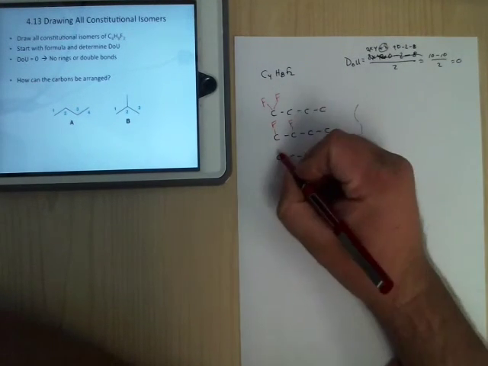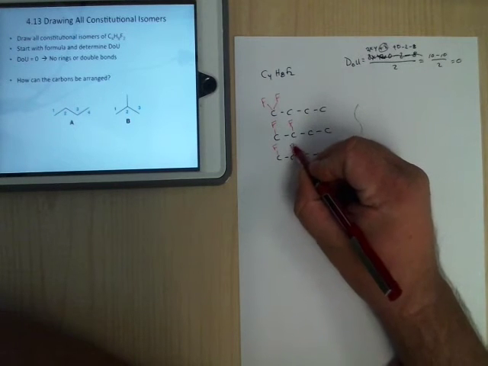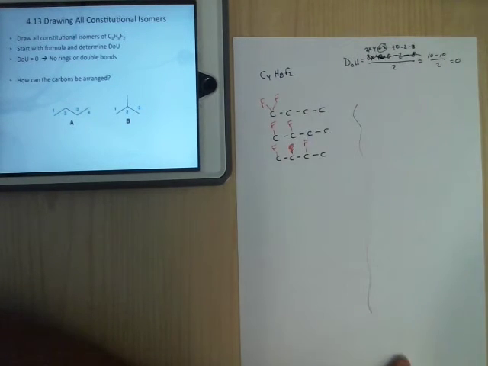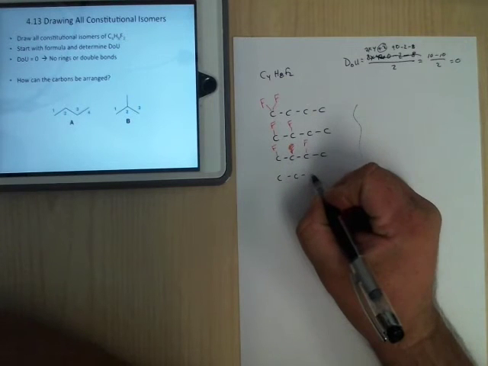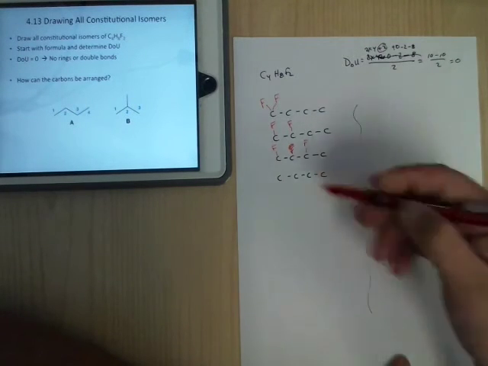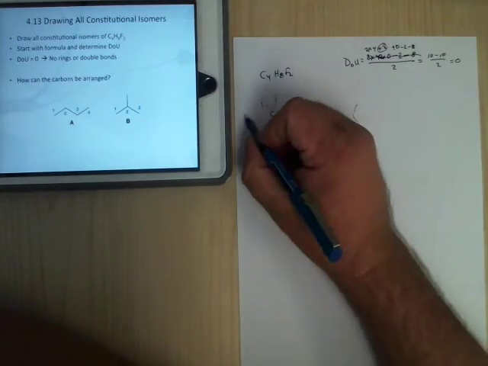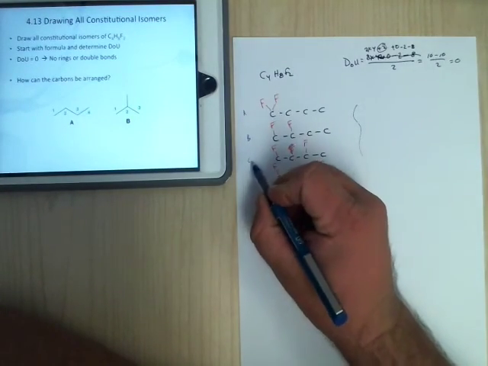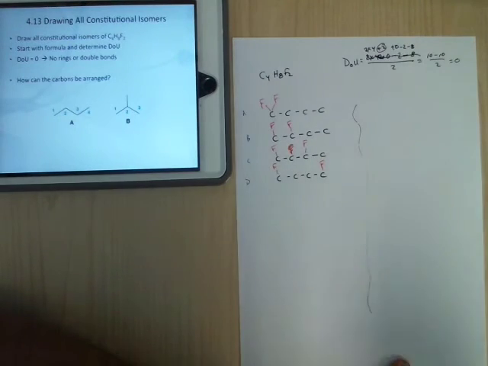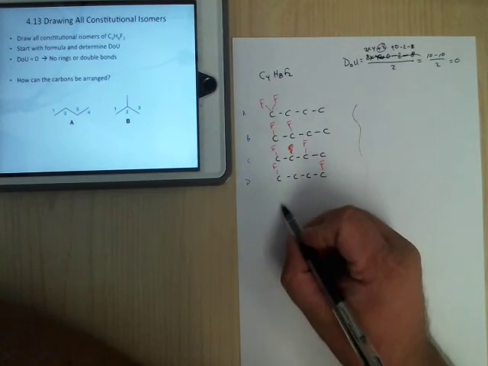Put the fluorine there, and now we do the next one. I'm actually going to label these A, B, C, and D, just so it's easier to talk about.